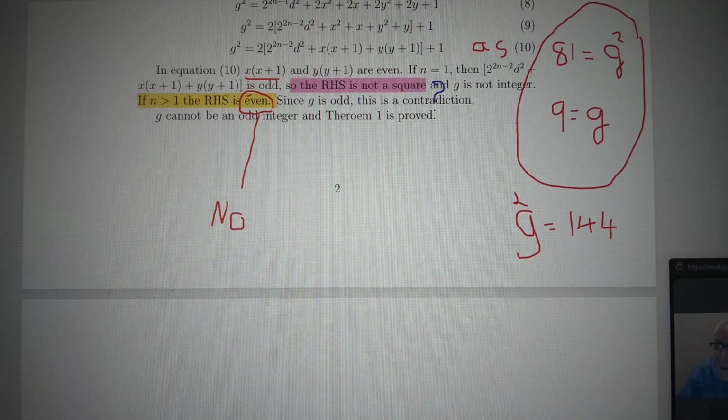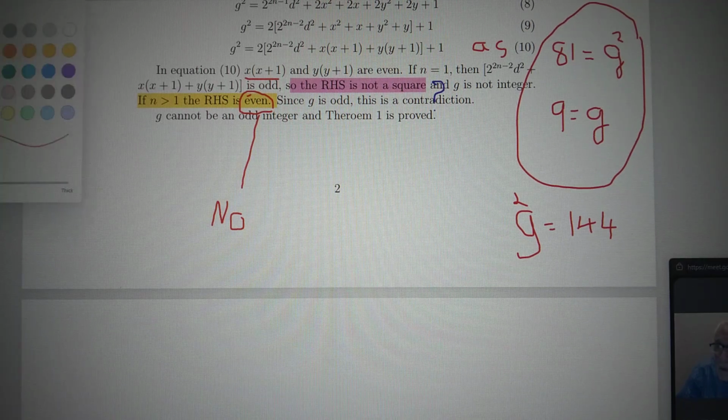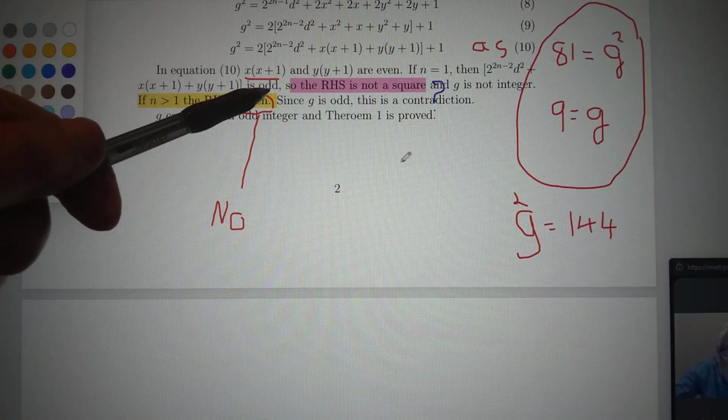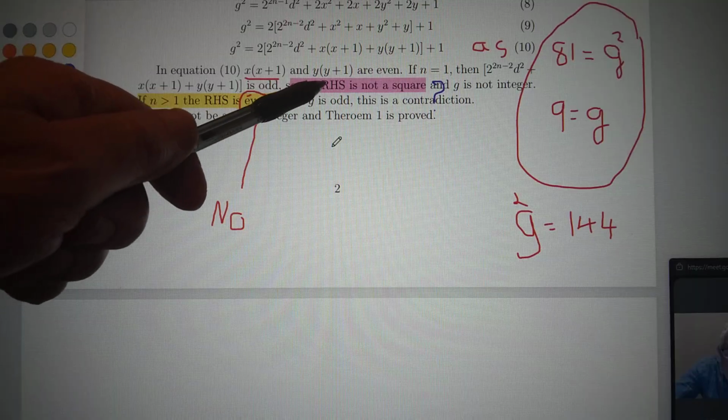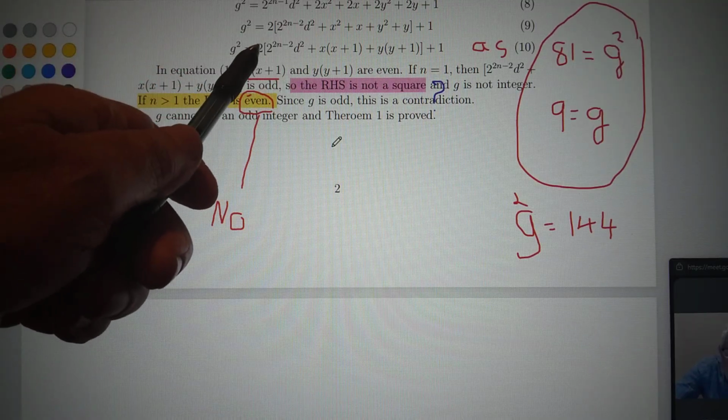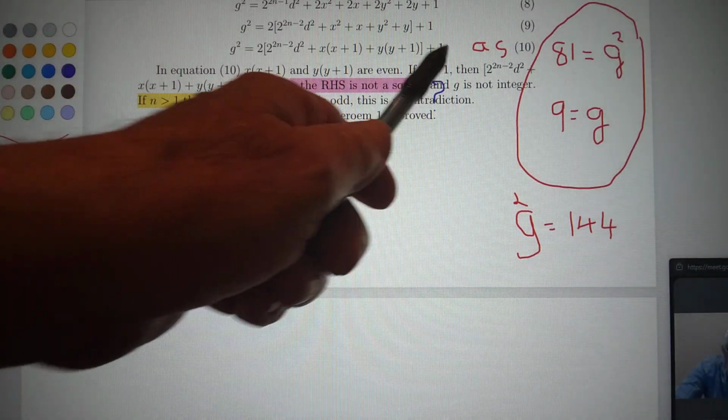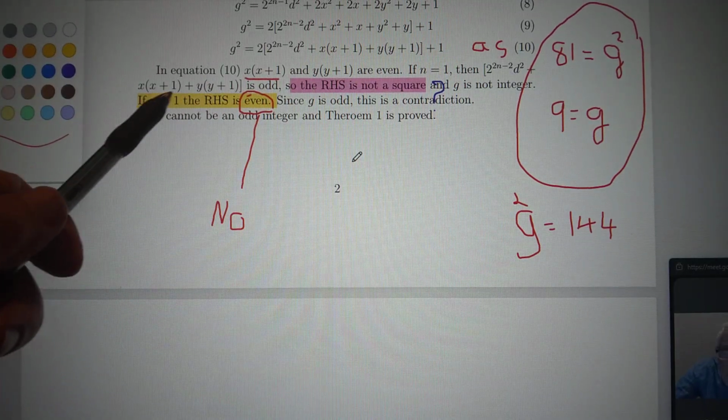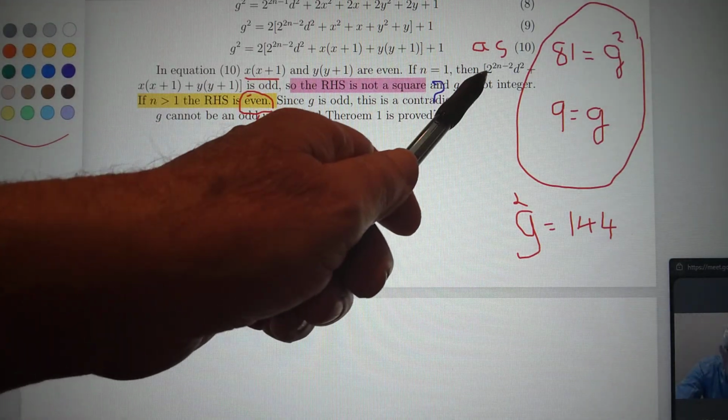Okay, now we come to this one. This is 10. You are telling here the right hand side is not square. Why did you say this one is not square? What did you depend on?